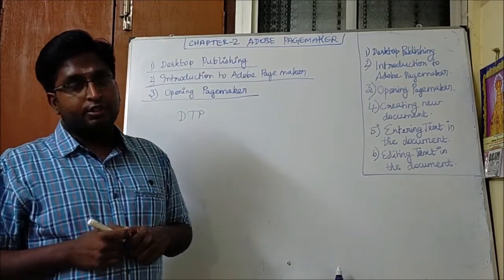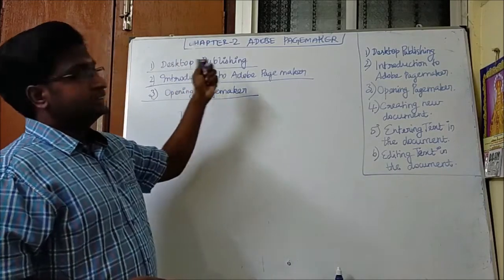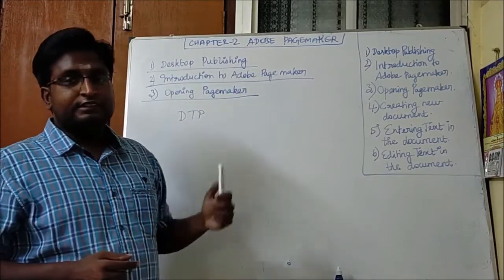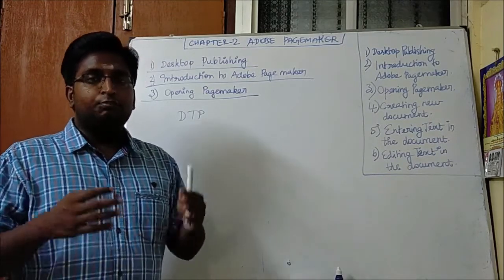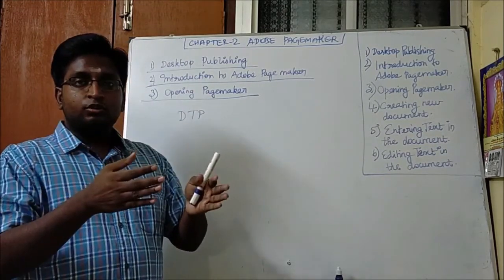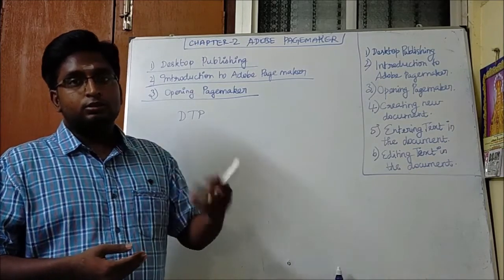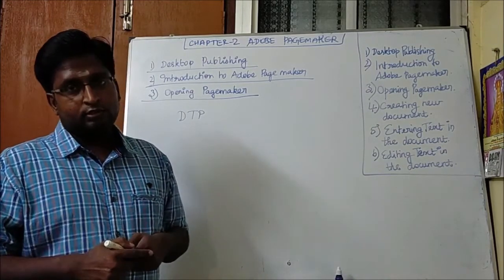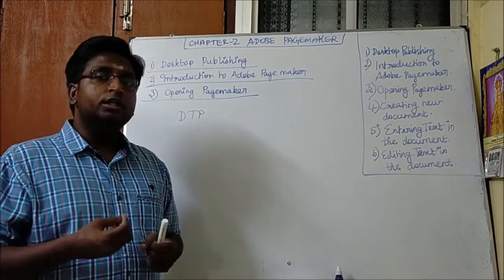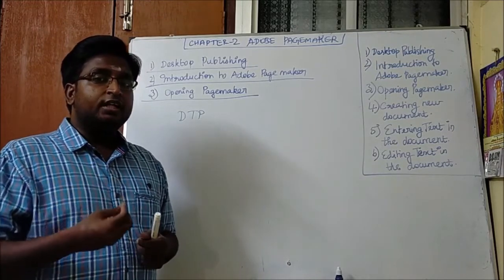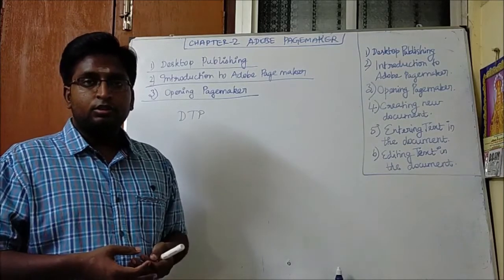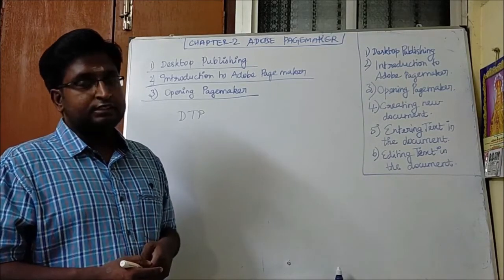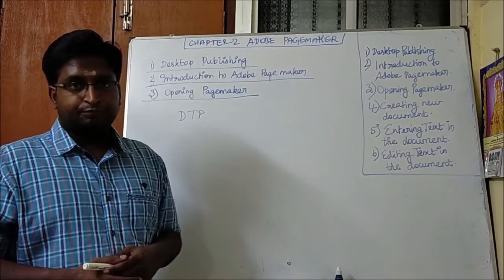DTP is abbreviated as desktop publishing. It is nothing but something which helps the user to create a layout for preparing a document using software. That is desktop publishing.